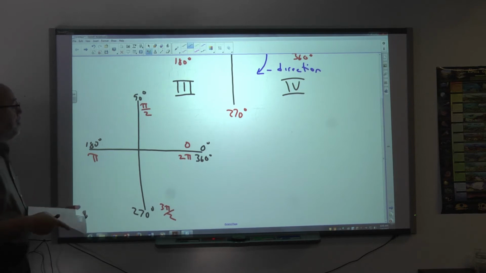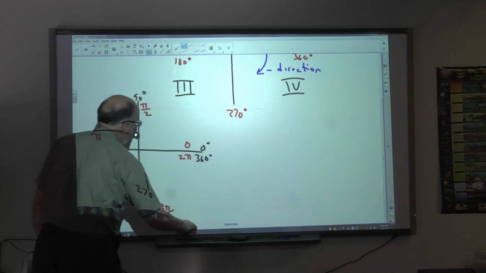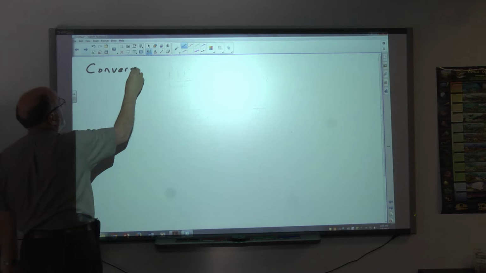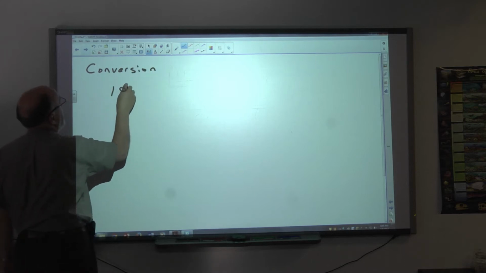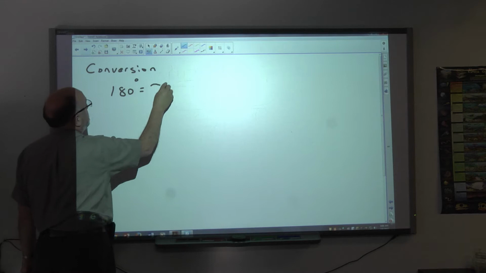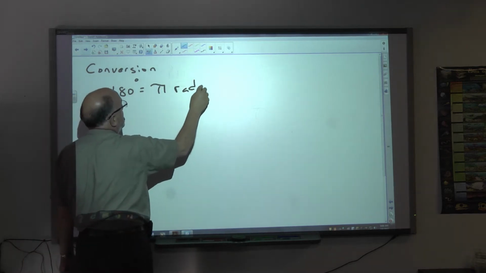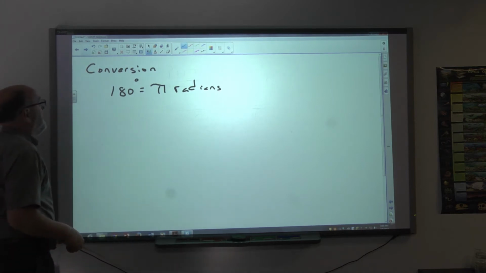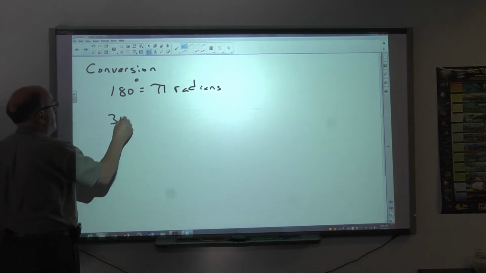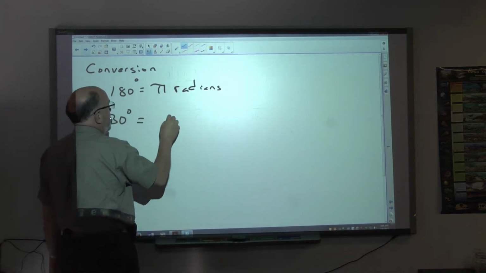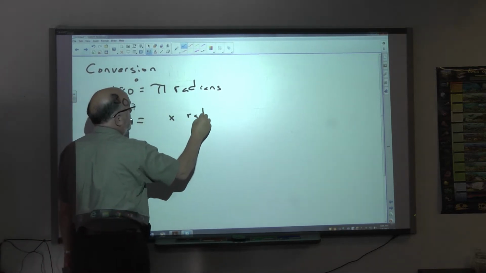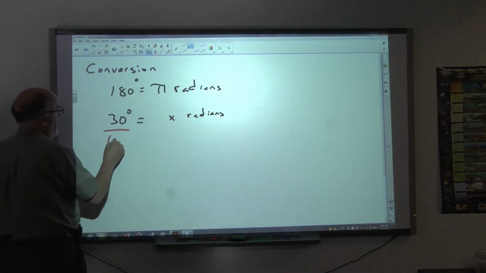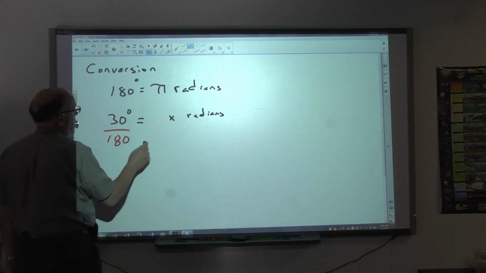So if I want to convert from one to the other, right? So in terms of conversion, we're going to use as our conversion factor that 180 degrees is equal to pi radians. So let's say I want to convert 30 degrees, and I want to know what is that going to be in terms of radians. Well, we have our conversion factor that 180 is equal to pi.